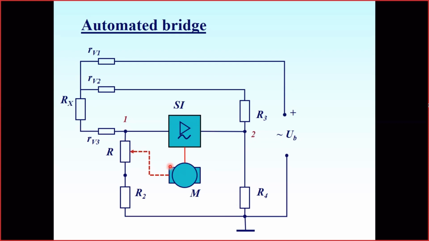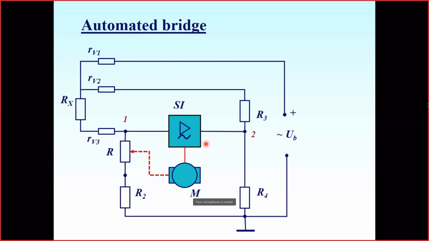So if we connect everything correctly, the direction of rotation should be adjusted in such a way that the rotation under the control of this difference signal leads to the reduction of the difference.